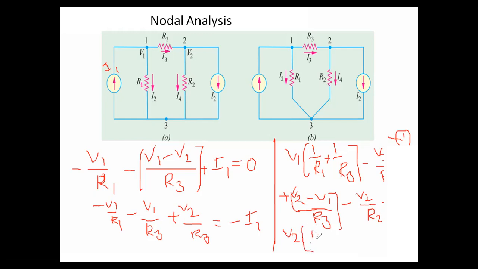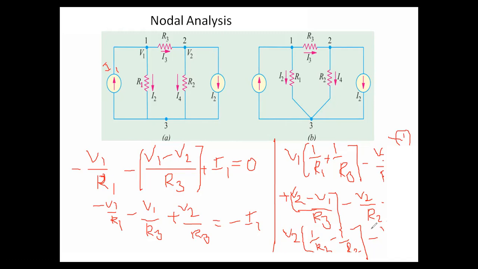So 1 by R3 minus 1 by R3 R2, minus V1 by R3 is equal to I2. So like this we can get the equations in terms of V1 and V2. By solving V1 and V2, we can easily find the nodal voltages V1 and V2.